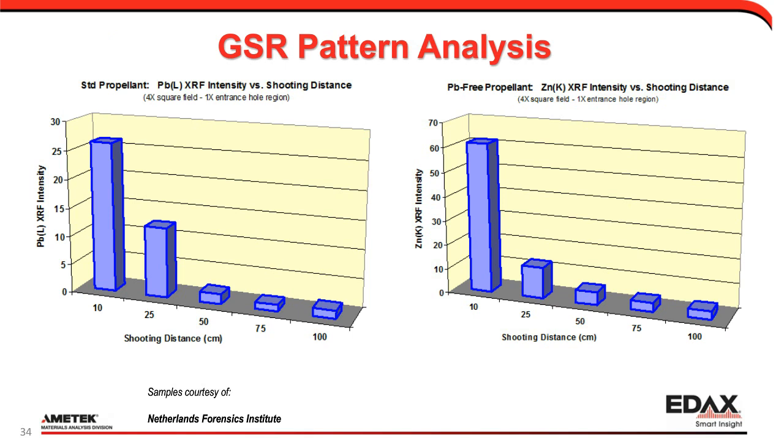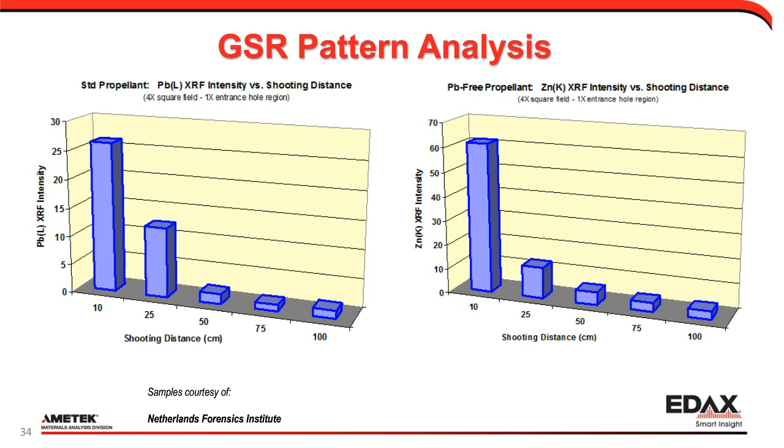This is some example data done a few years ago looking at gunshot residue pattern analysis. And the goal of this was to sort of calibrate the shooting distance as a function of the intensity of the gunshot residue pattern. The more intense it was, the closer the shot was to the fabric. And so we show two plots here.